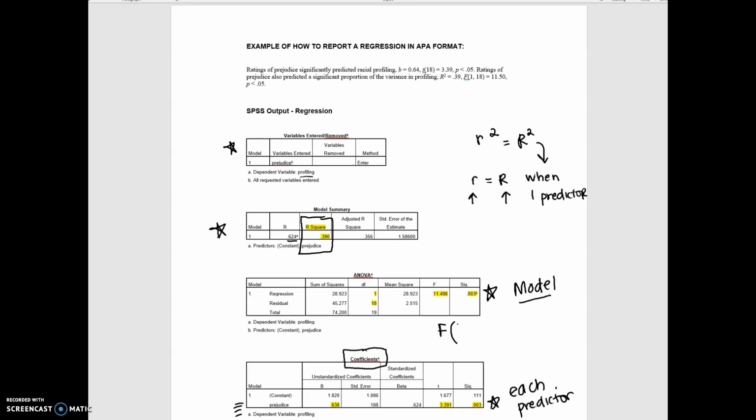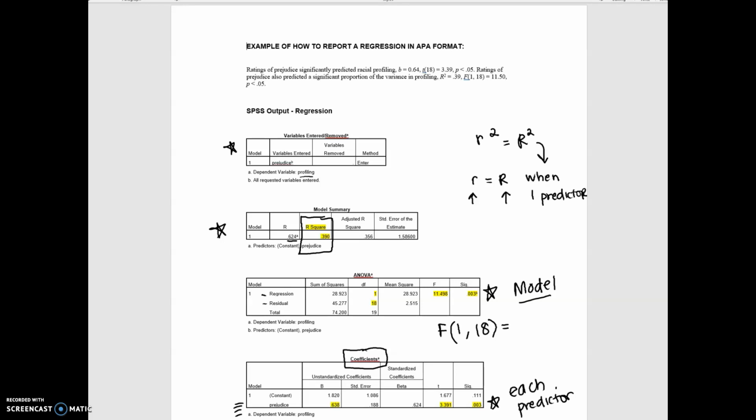Degrees of freedom always go in parentheses. F is also known as an F ratio because when computing F, you have a numerator and a denominator. One is the degrees of freedom for the regression, and residual is error, so that's the degrees of freedom for error. That's why we include 2 types of degrees of freedom for F.